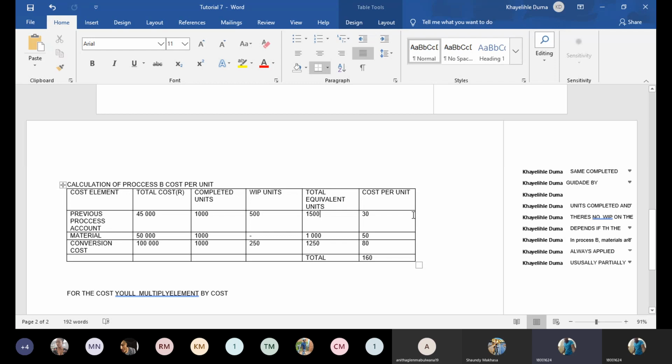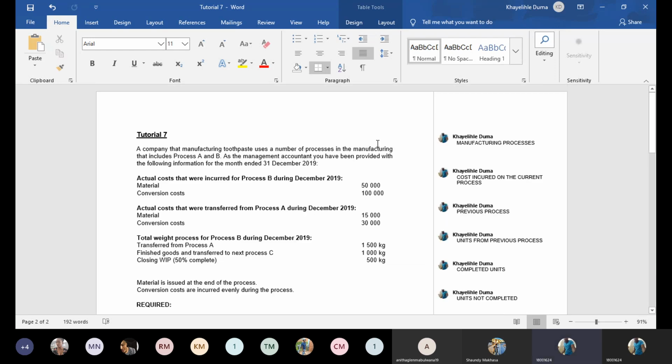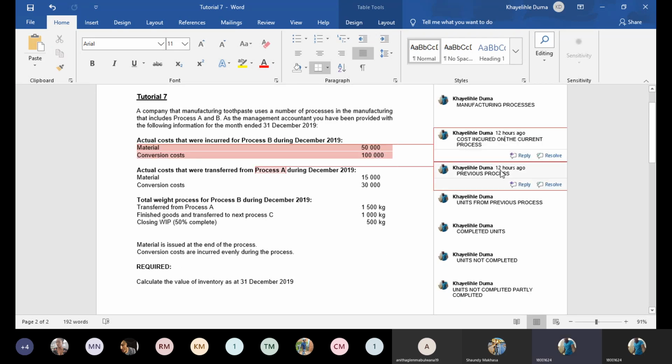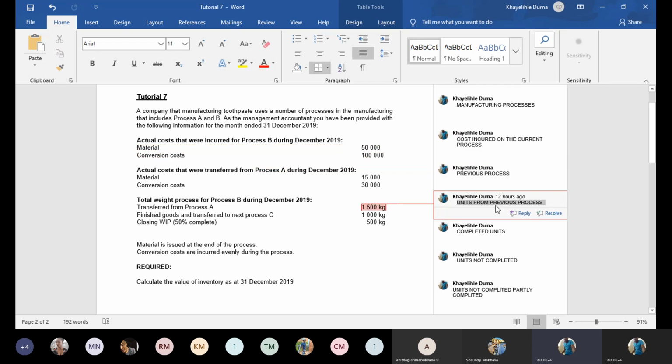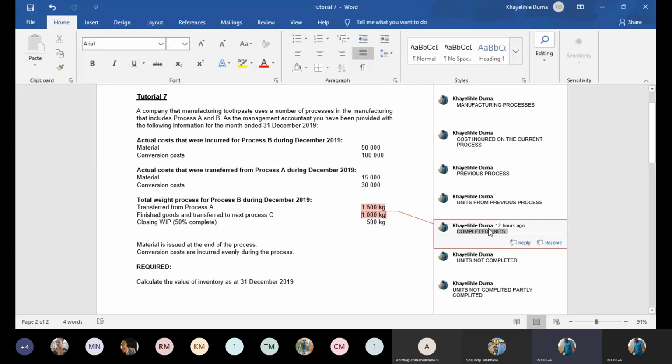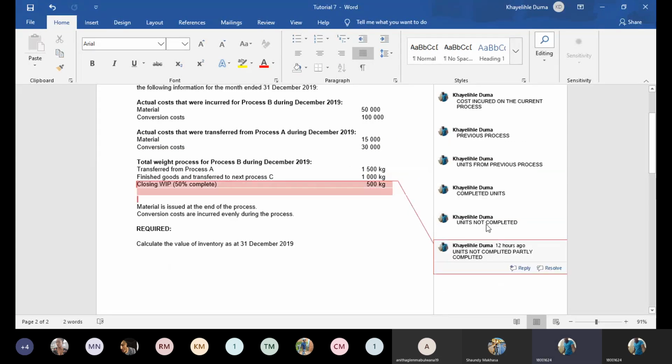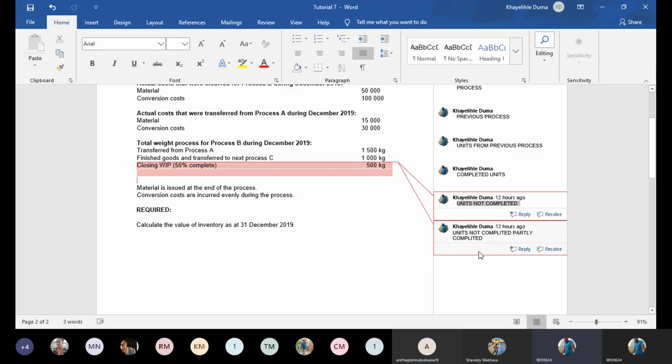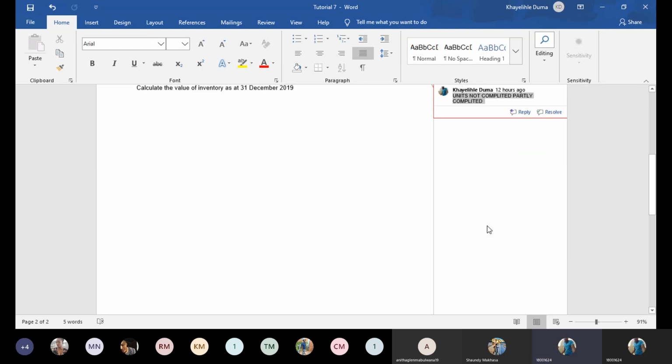So as for this one, let me check the notes. All right, incurred in this process, previous process. Okay, this one, 1.5 was from the previous process, right? There it is. Then this 1,000 is the completed units. This 500 was the units not completed. And this one, I repeated the same thing, units not completed.